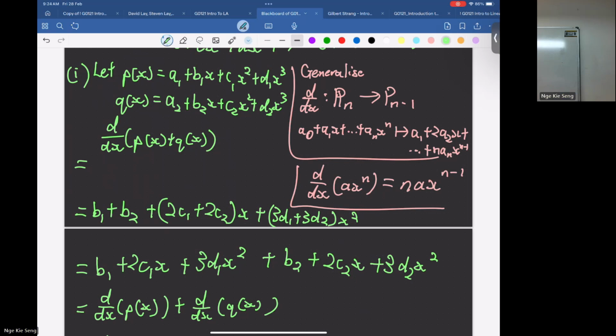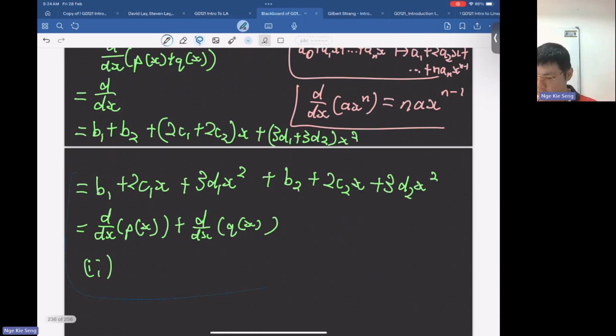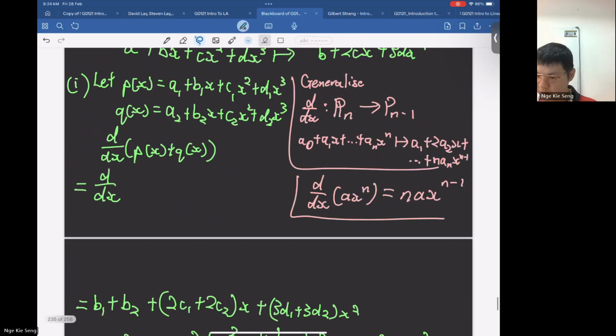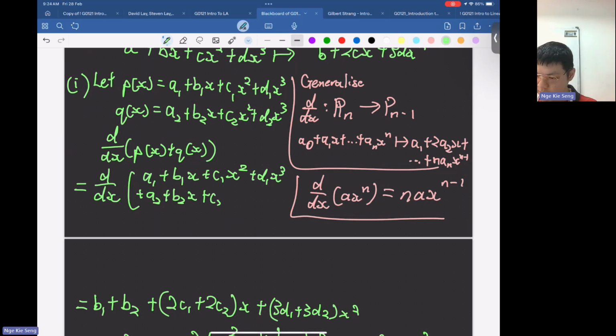That's true. Maybe two more steps will make this clear, because we need to write down q(x) and p(x). So what's p(x) here? a1 plus b1 x plus c1 x squared plus d1 x cubed, and likewise for the second. Then you also group the polynomial by the same degree.